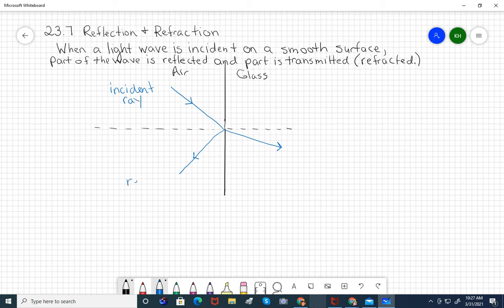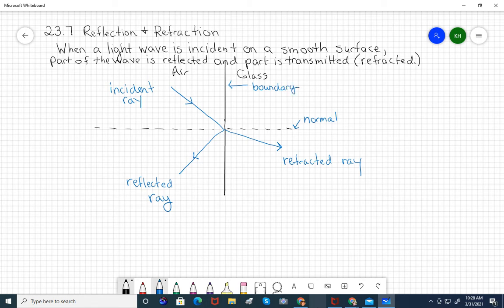This will be our reflected ray. This would be the refracted ray. The dotted line here, of course, is the normal. And this interface between air and glass is usually called a boundary. It's a boundary between two different mediums.